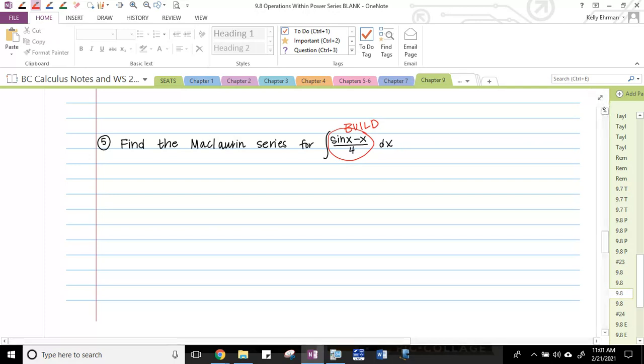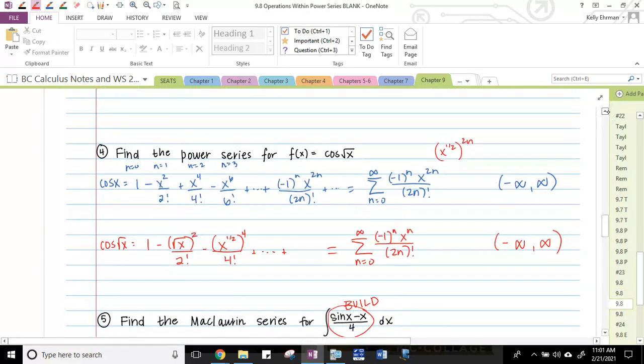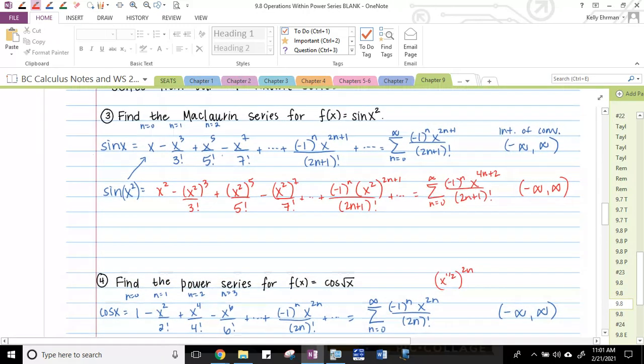Now, I'm not going to write sine x again by itself because I already have that up above. What is sine x minus x? Let's think about that. Sine x minus x. Here's sine x. If I do sine x and I subtract x from that, that first term would cancel out, but all the other terms would be there, right?